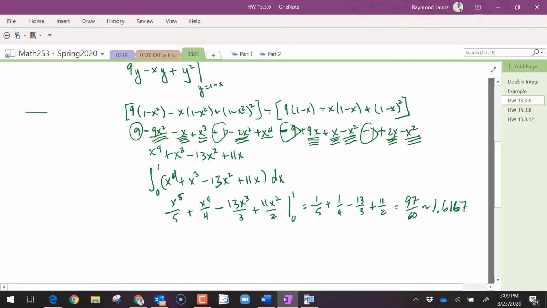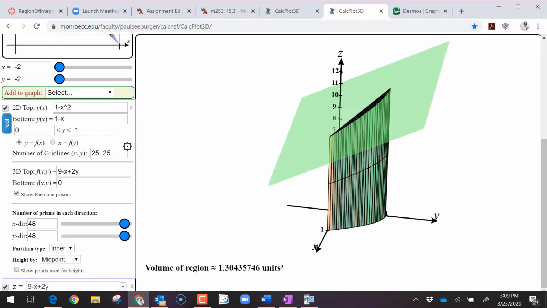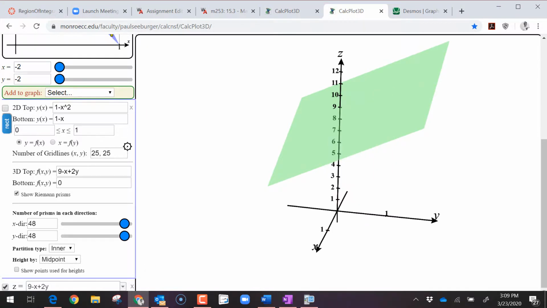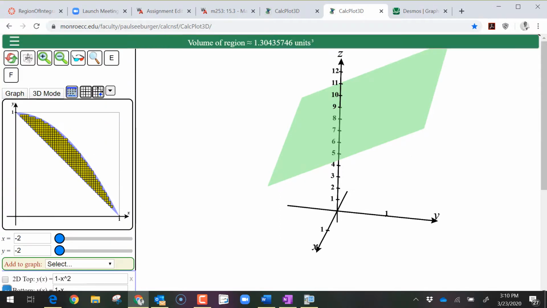Okay, so there we go. I did graph this in CalcPlot 3D, and for this I had to adjust the window so I can make sure that I'm including everything that's needed, because the plane goes up really high, and this little region here is quite small.